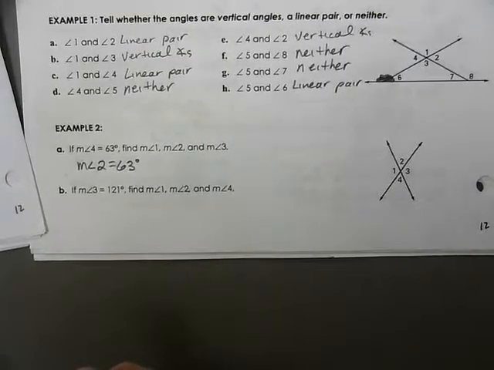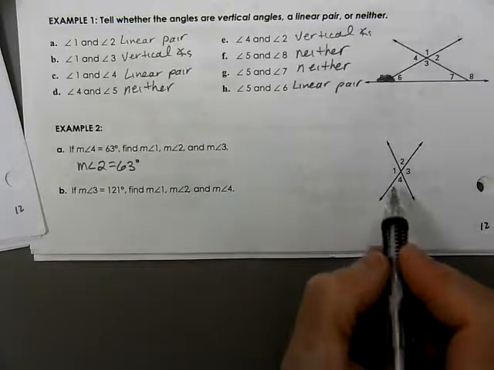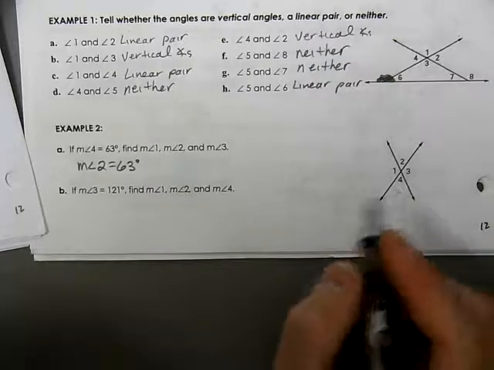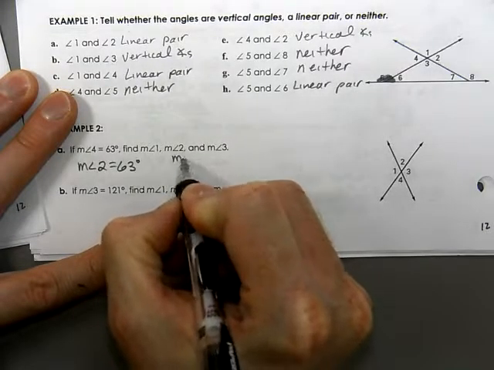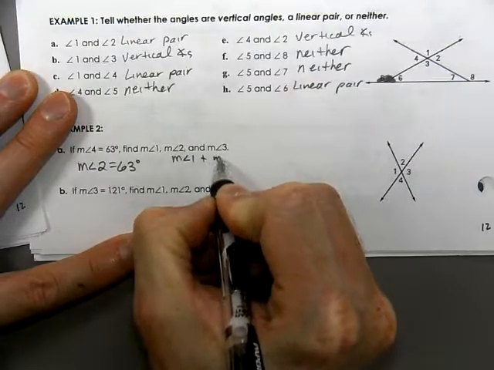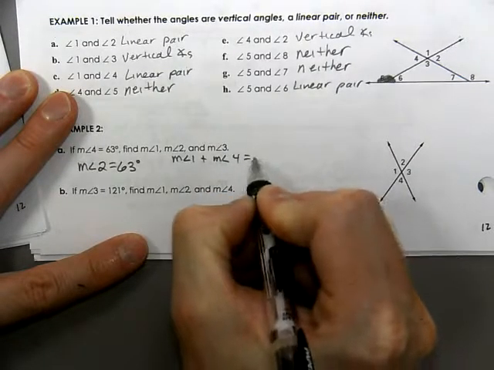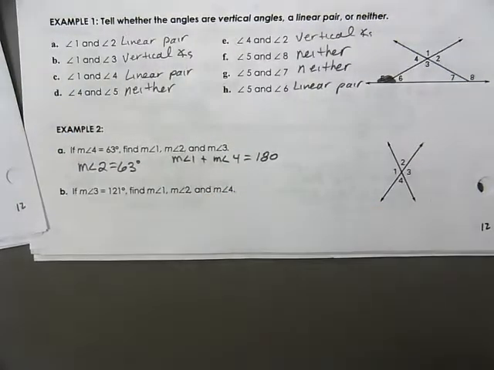Vertical angles are congruent. And then the way we figure out angle 1, the measurement of angle 1 plus the measurement of angle 4, those are supplementary, so they add up to 180.